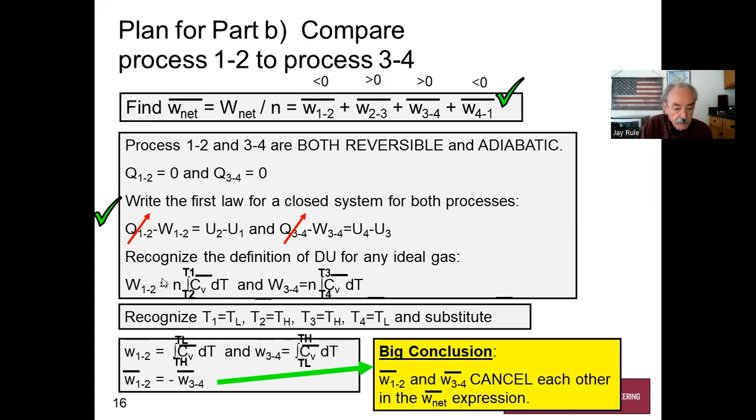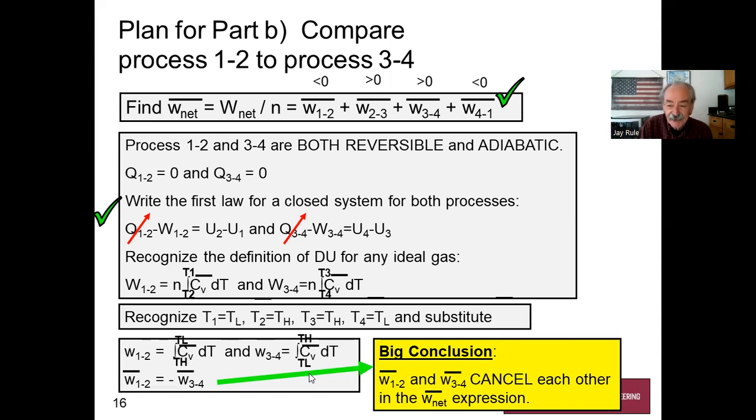Let me write down the work from 1 to 2 in terms of TH and TL. I divided by N, and it looks like I need to put a bar over top of my little W's. I missed that. Sorry about that. You see how I've divided both sides here by N, and I missed putting a bar on top of that. But observe, look at this integral.